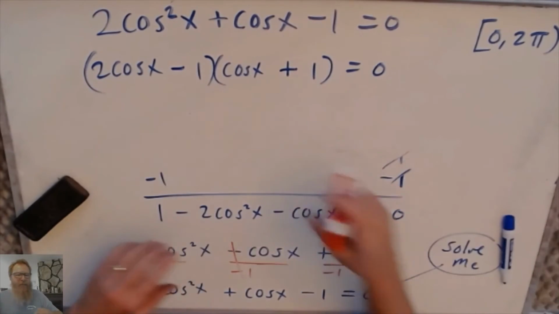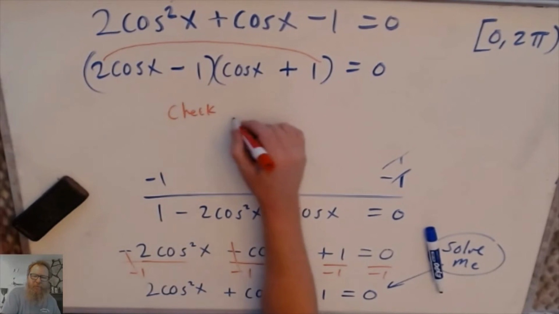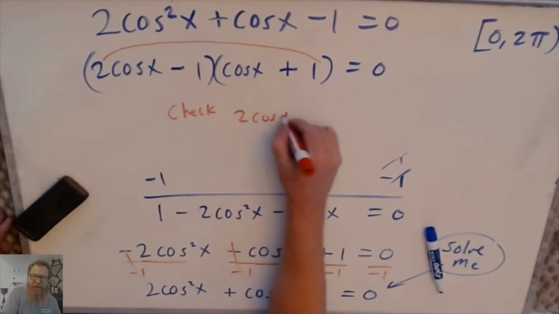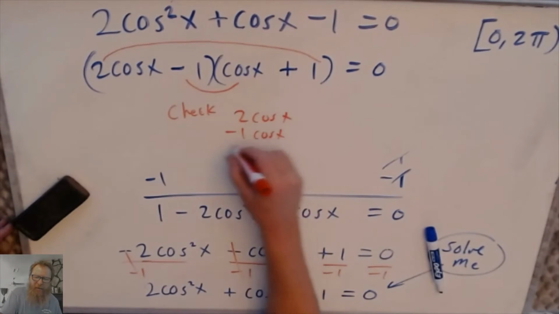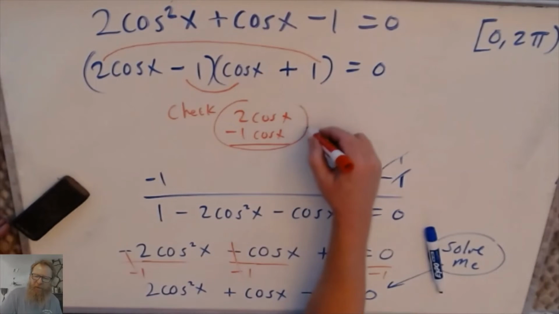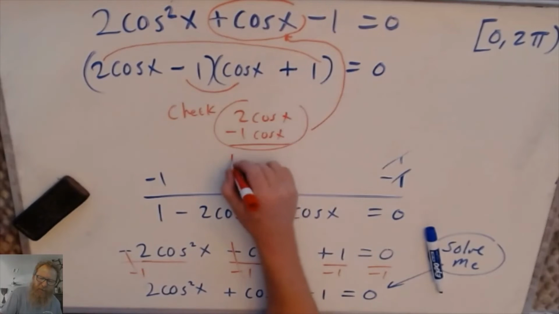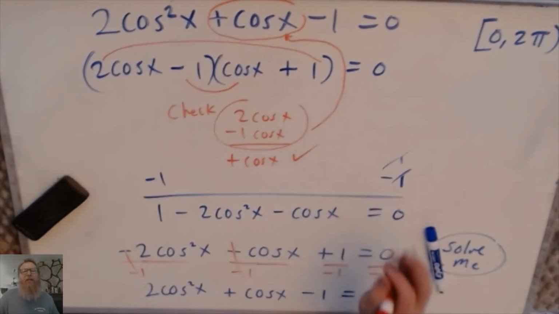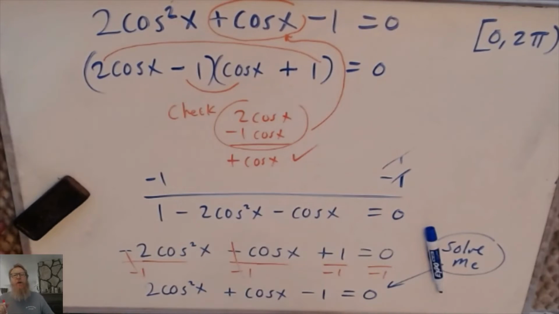I'm still going to check: if I multiply, I get 2 cosine x, and then I get negative 1 cosine x. I want to verify that that comes out to be positive cosine. It does, yeah. 2 cosine minus 1 cosine is the same as 1 cosine x. Of course, there's an invisible 1 right here.